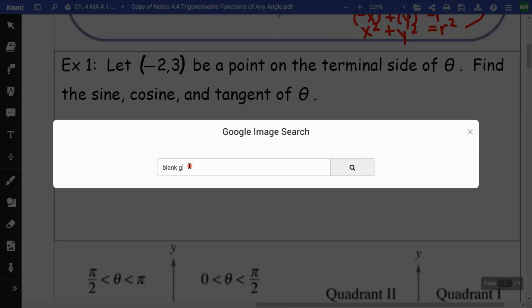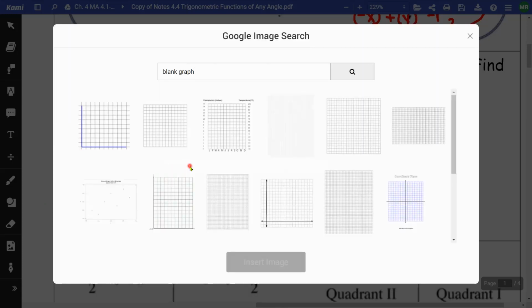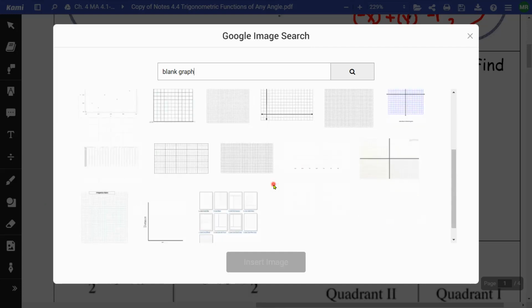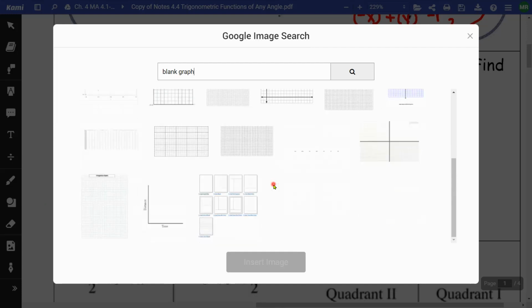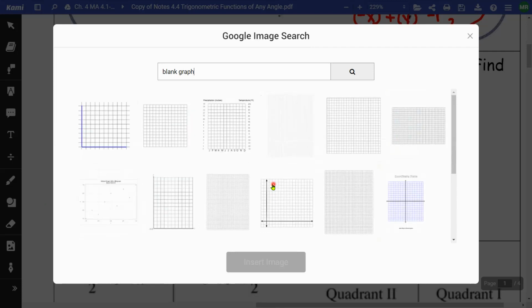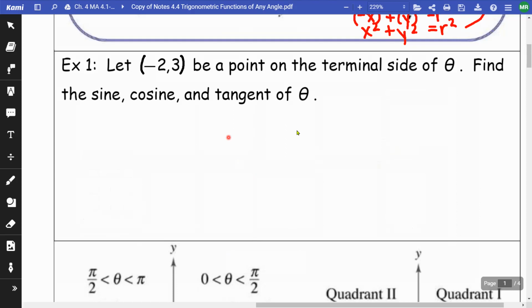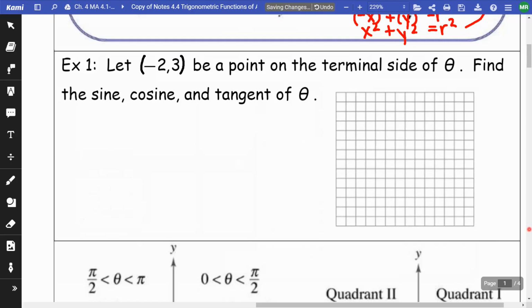I want one with positive and negative. Or I could just draw it out here. I'm just going to get this one and see how big it is. Okay, that's a reasonable size. So I'm just going to draw my x and y axes here.